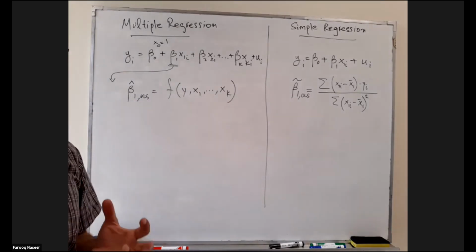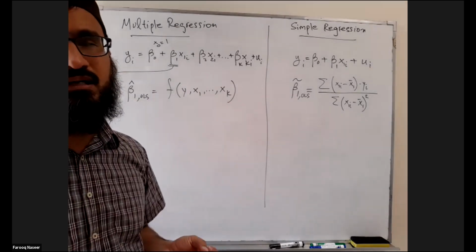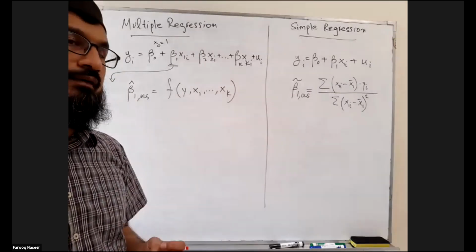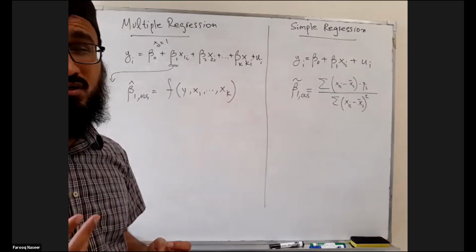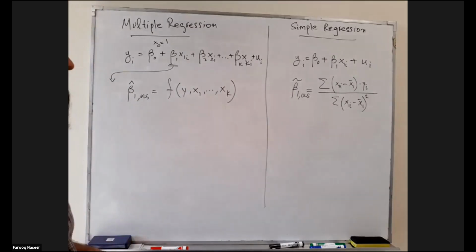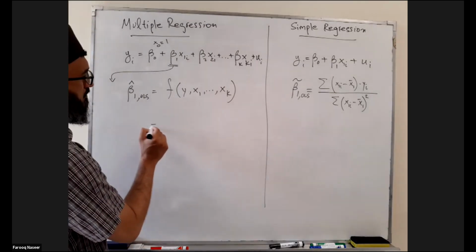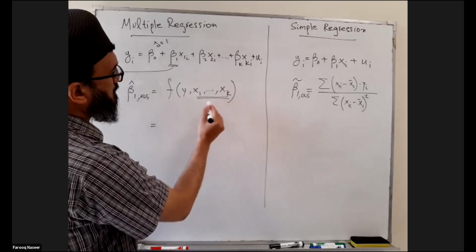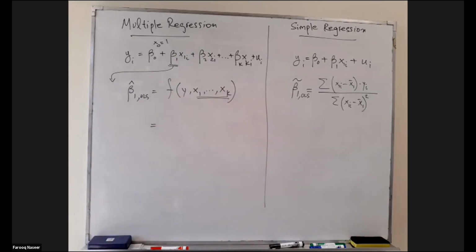There is, though, a simpler form of beta 1 hat, which is quite intuitive, and you actually learn more by looking at that formula. That's the one that we talk about in chapter 3 of the book. So let me give you that formula. It is not in terms of these x variables.